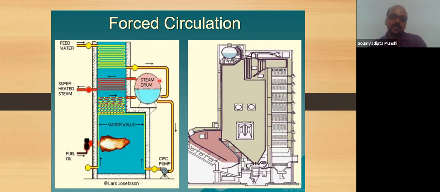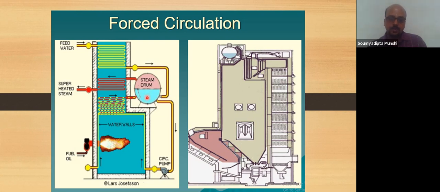This is a steam drum. Water is fed from the economizer to the drum. Here this symbol means we are using a pump to feed the water. Again here we are using a pump to take the water to the drum.